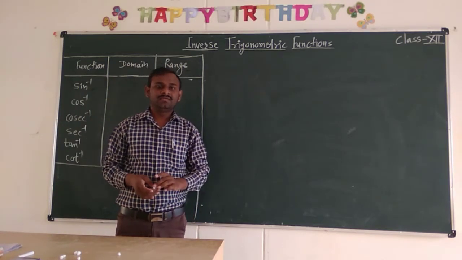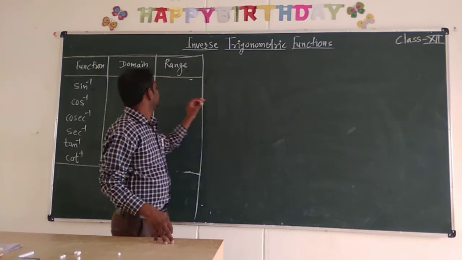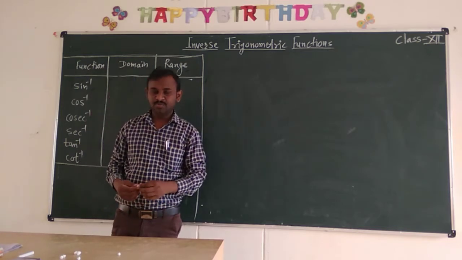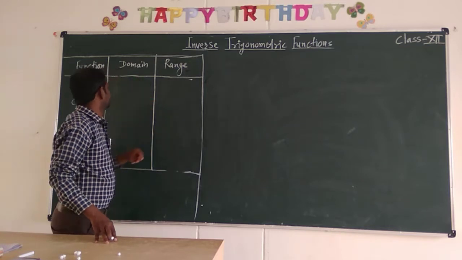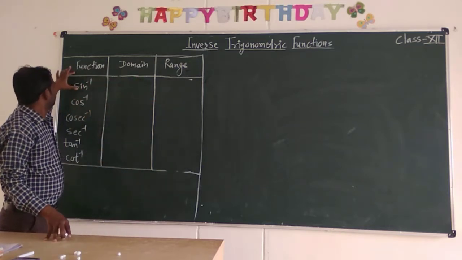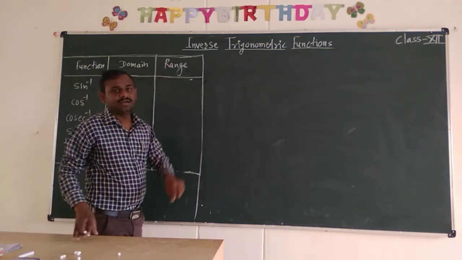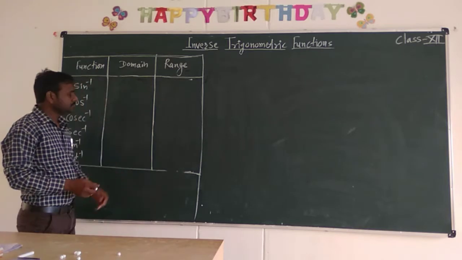Today we start the problems on inverse trigonometric functions. Before that, we learn about the table: the function of sine inverse x, and the domain and range of inverse trigonometric functions.